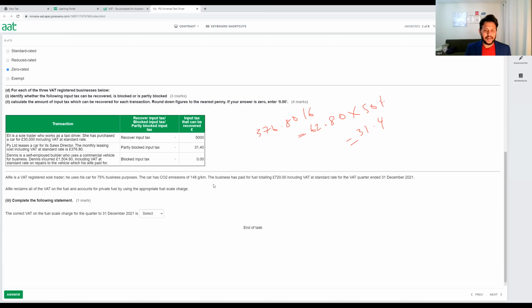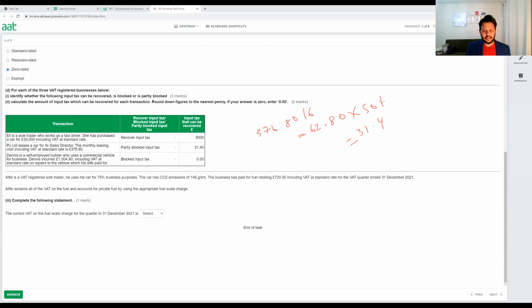Now, how much you can claim back depends on what type of car you have. So the car we have has carbon dioxide of 148 gram, so we need to look at what the fuel scale charge is for that. So the correct VAT on the fuel scale charge for the quarter ended 31st of December, how much is it? We need to look at our reference material once again, at that fuel scale charge.